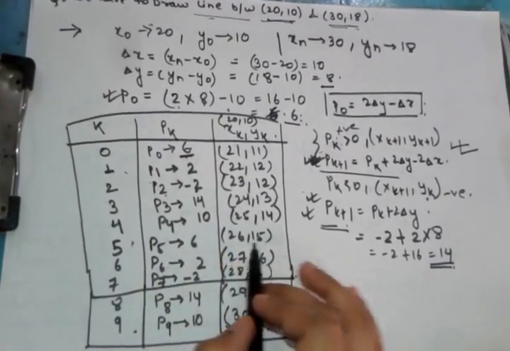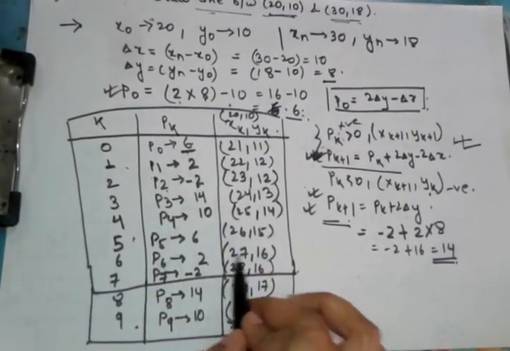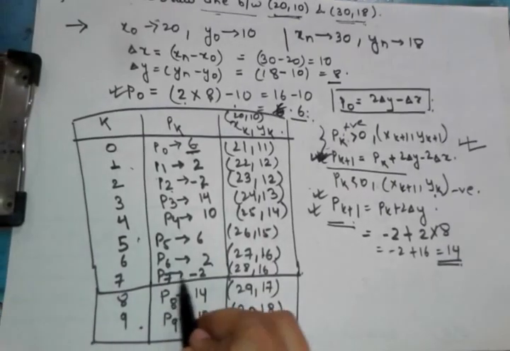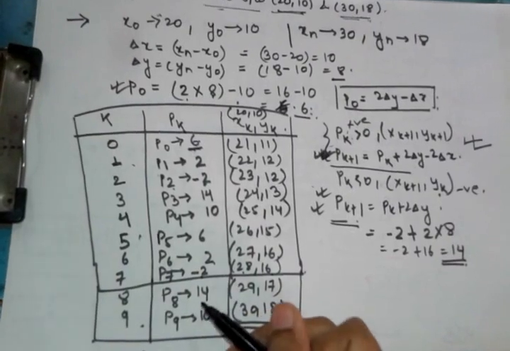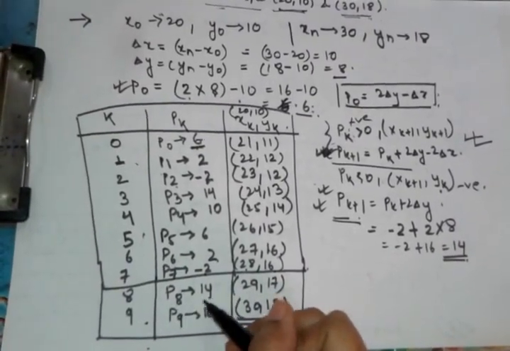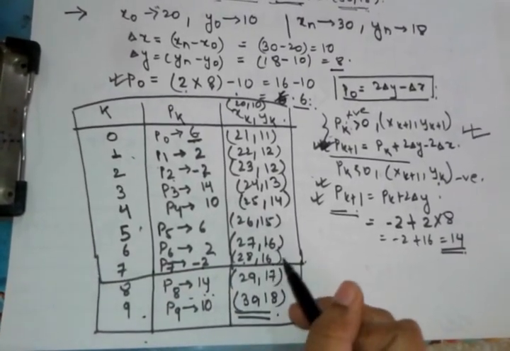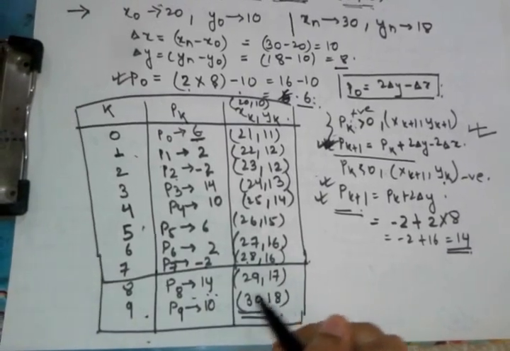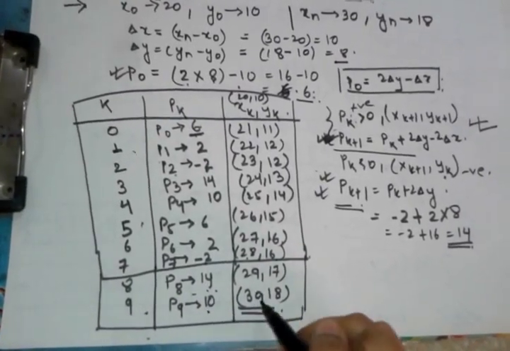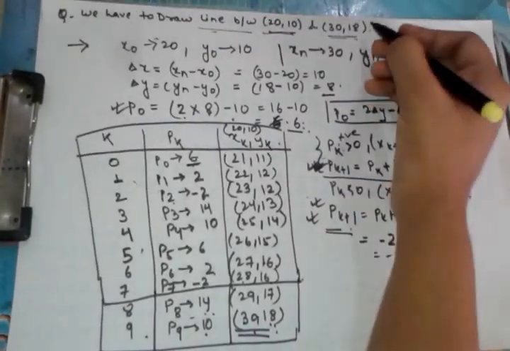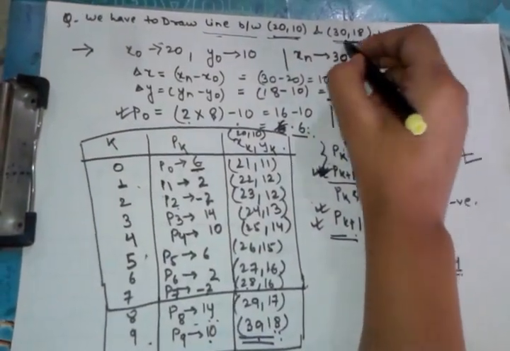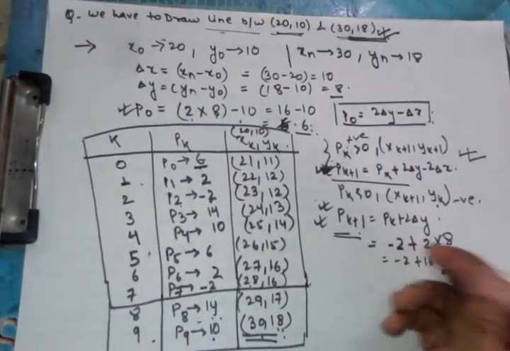So p5 is 6, giving 26 and 15, then again positive, increment both, and when negative, increment x and y remains as it was earlier. And p8 will be 14, that is positive, then increment both x and y, that is 29 and 17, and again positive, then increment by 1, giving 30 and 18, which is the last point of the line given in the question.